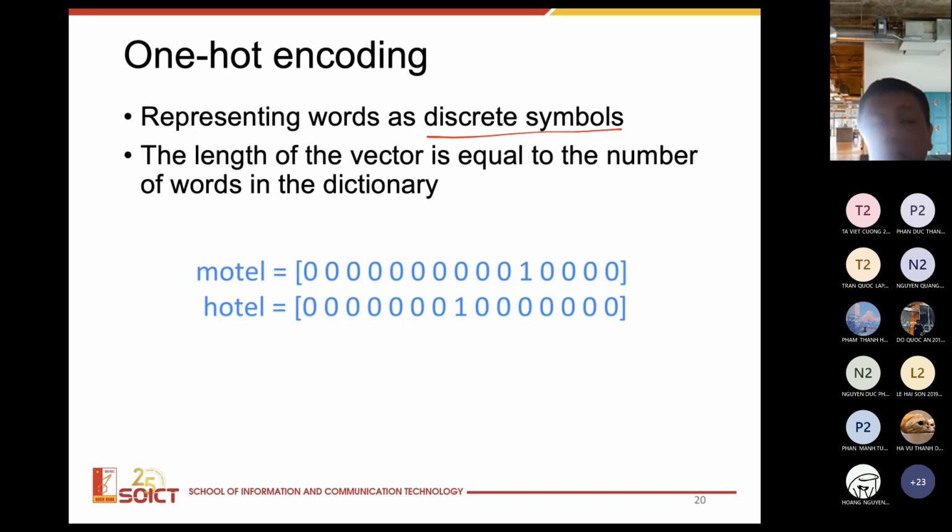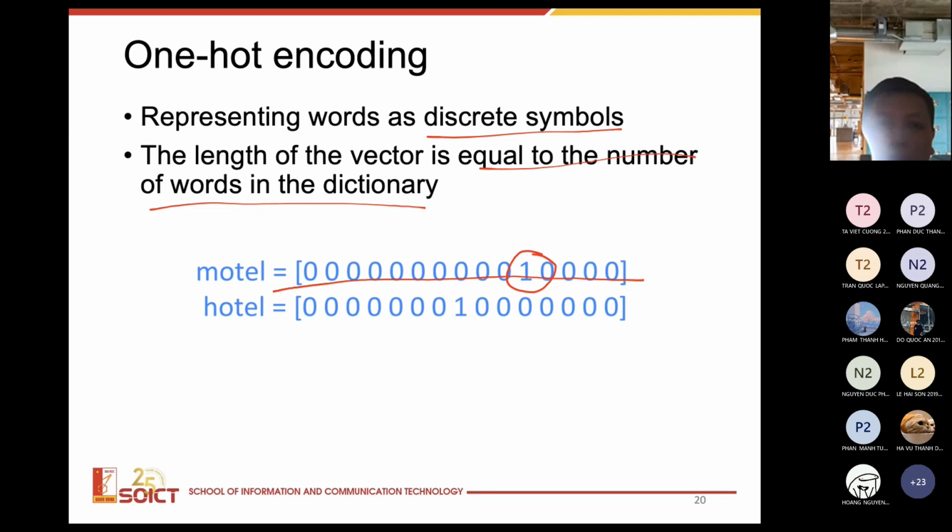In that vector, you see a special pattern where you have a lot of zeros and only one single element equal to 1. And the length of the vector is equal to the number of words in the dictionary. So the number 1 here is the index of the word inside the dictionary, right?